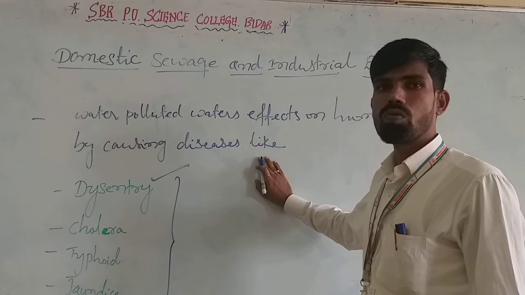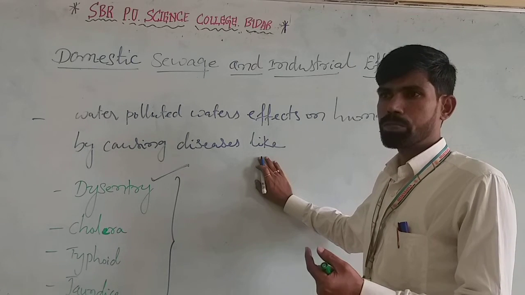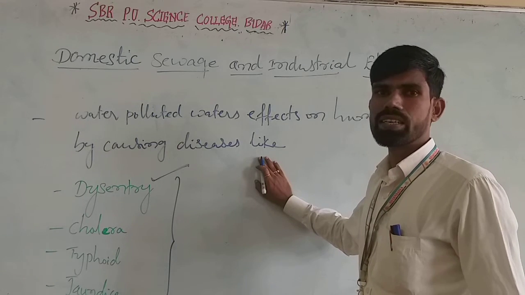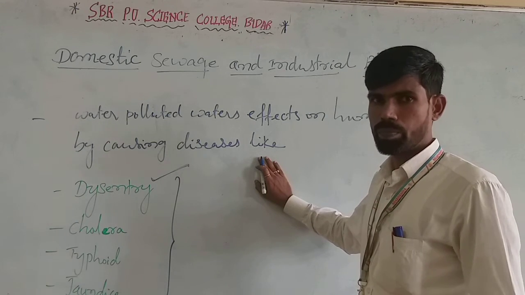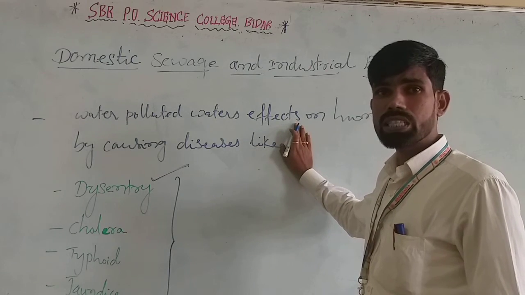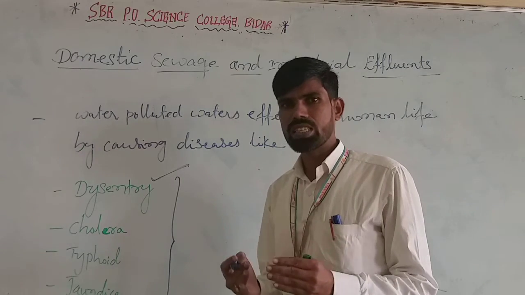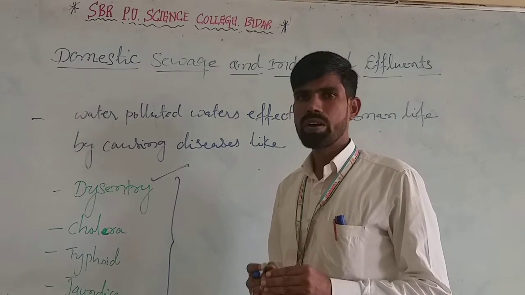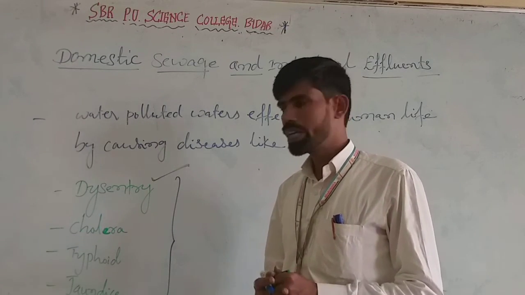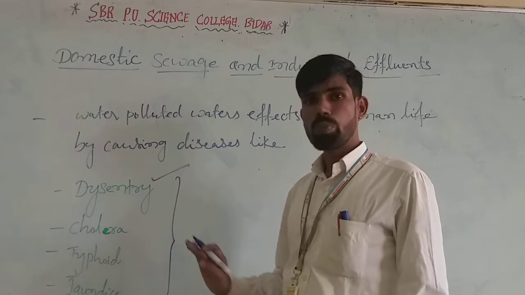For that, before introducing the water into the water body, it has to be treated. That has to be kept in mind. Now we studied domestic sewage, how it occurs, and what effects are produced in the water body. Now we have studied what diseases it causes in human beings. Now we will discuss industrial effluents.